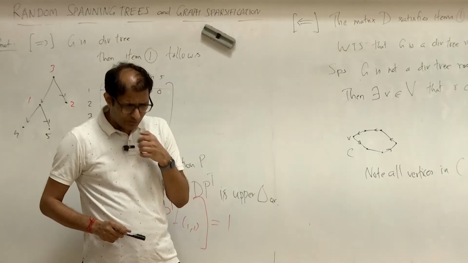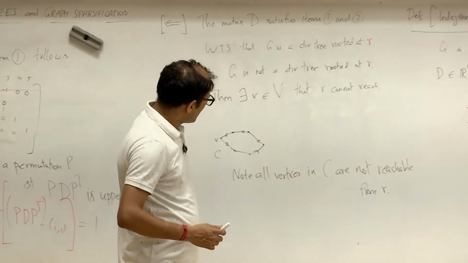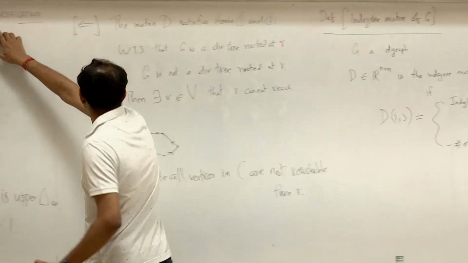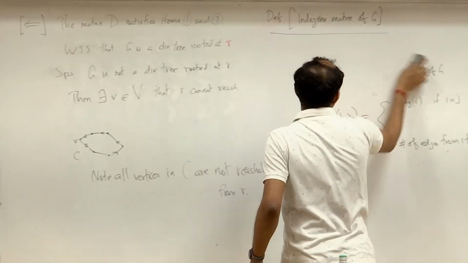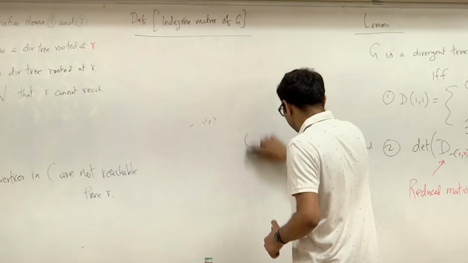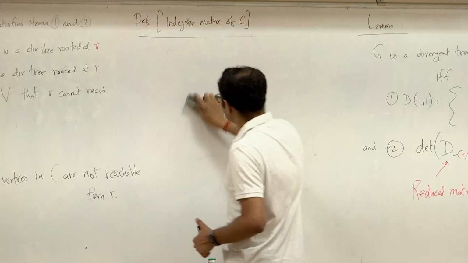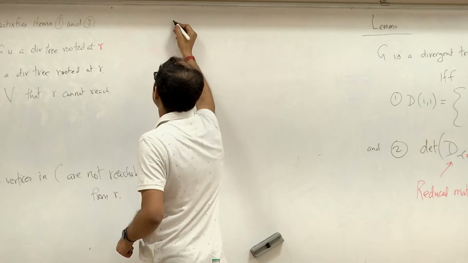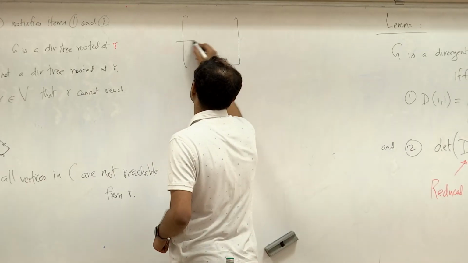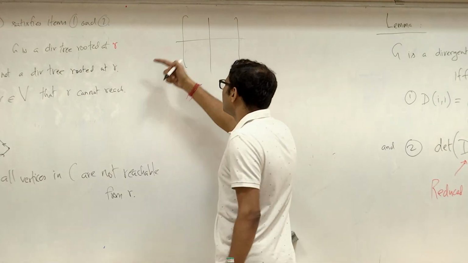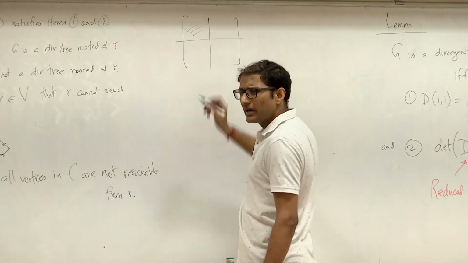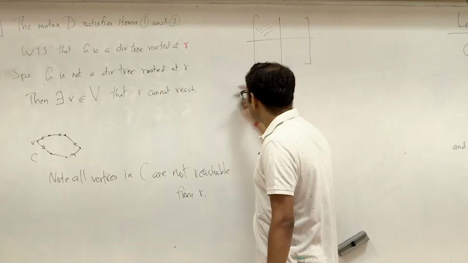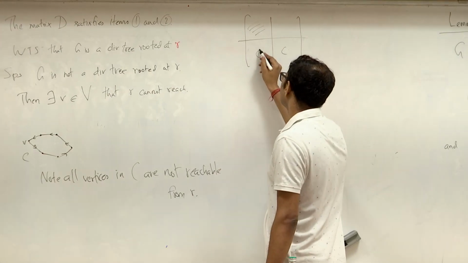Okay, so that's kind of nice. So maybe I can try the following. I'd like to order the vertices in the following manner, to get a block diagonal form is what I want to get at. So the idea is that there is a bunch of people reachable from R who live over here. All the vertices in capital C live in this part, and you have a block of zeros, right?